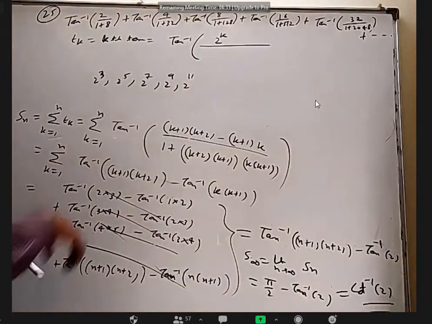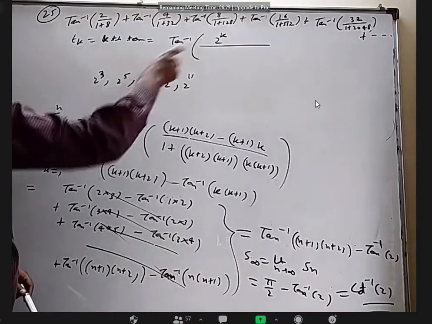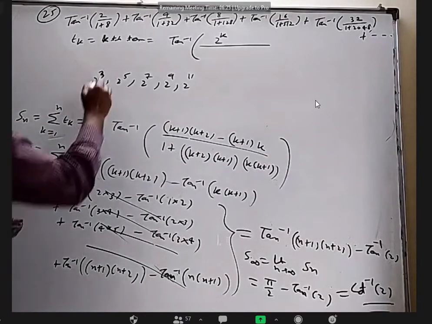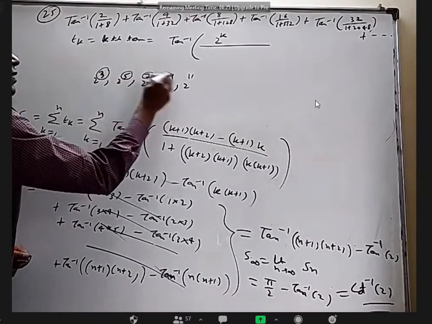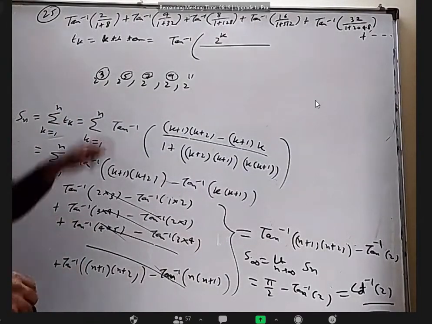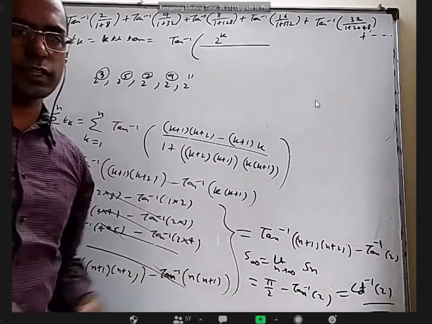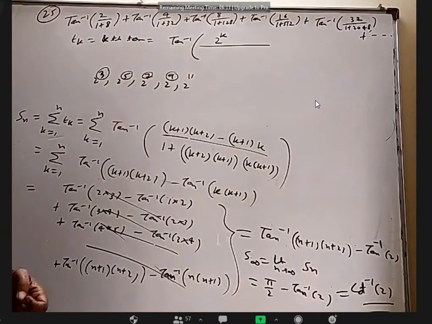But anyway, 8 is 2 cube, 32 is 2 power 5, 128 is 2 power 7, 512 is 2 power 9. If you observe this 3, 5, 7, 9, they are odd numbers. And the first number is 3, not 1. It is 2k plus 1. In this AP, if you take 3, 5, 7, 9, what is the kth term? It is 2k plus 1, or nth term is 2n plus 1.